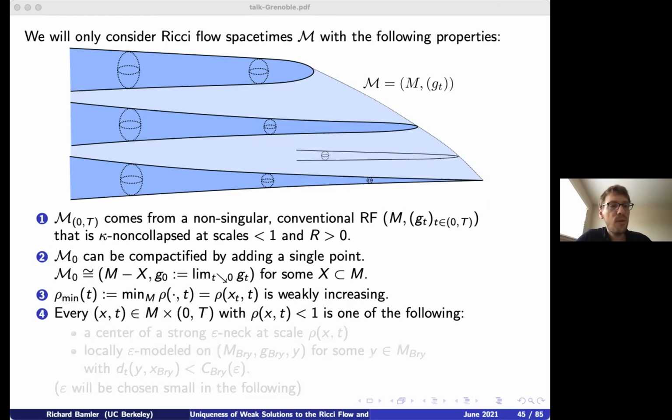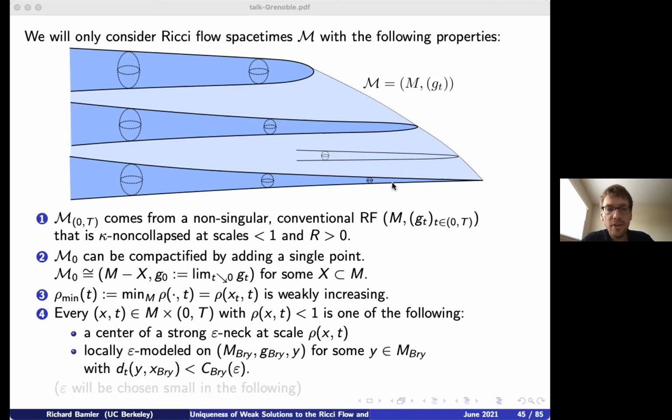Either x is a center of a strong epsilon neck, so we're in a very cylindrical region here, or it is locally epsilon-modeled on a Bryan soliton in such a way that we were close enough to the base, to the center of the Bryan soliton. And this epsilon will be some universal epsilon, which I'll use for the entire proof, but I'll choose it smaller and smaller within the proof to suit my purposes.